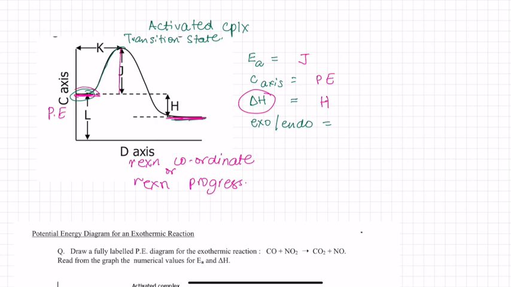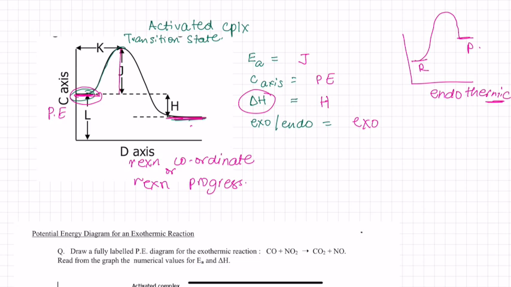Remember, if the reactants lose energy to reach the products, that is an exothermic reaction. Whereas for an endothermic reaction, you would start here with reactants and the products would have a higher energy. So whatever else the graph did, the products would end up being higher than reactants and then it would be endothermic.